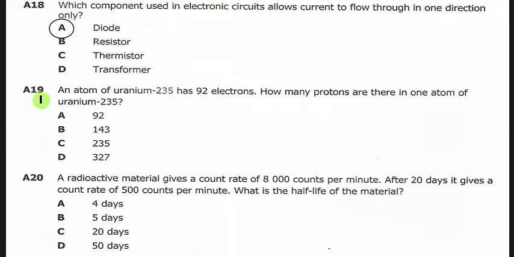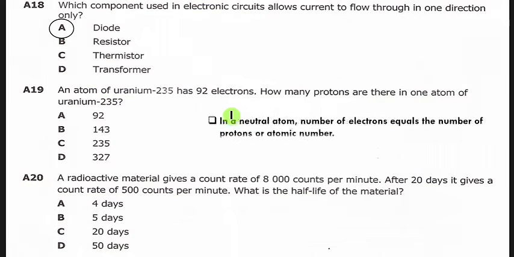All right, question 19 says an atom of uranium-235 has 92 electrons. How many protons are there in one atom of uranium? You remember, the number of electrons and the number of protons are equal.